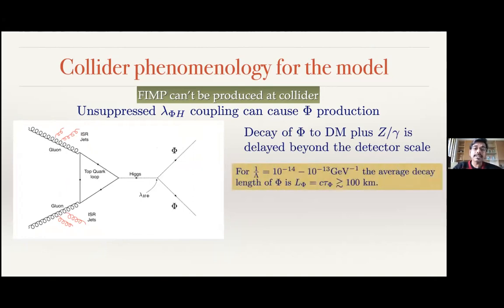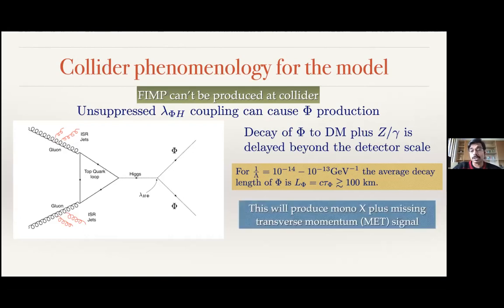For a typical 1 by lambda of the order of 10 to the power minus 14 to 10 to the power minus 13 GeV inverse, which gives you the correct relic density constraint, the decay length of this phi is of the order of 100 kilometers, which is pretty large. So you basically will miss this decay process, and this gives you another opportunity to probe this model through the monophoton or mono-X signatures, if you wish.